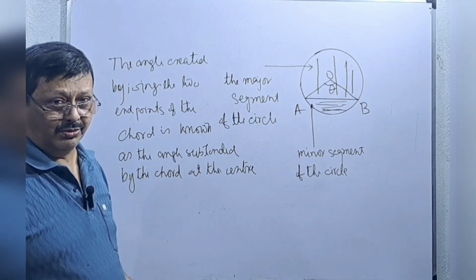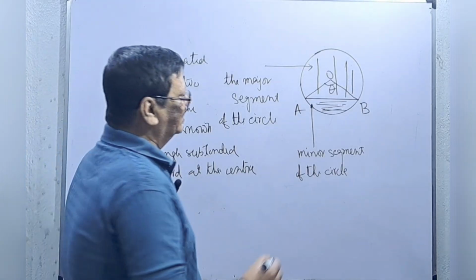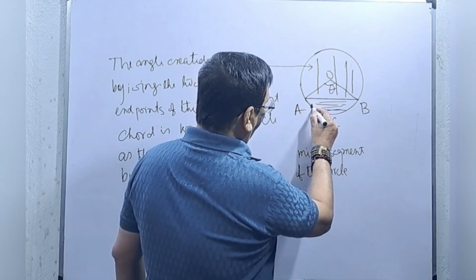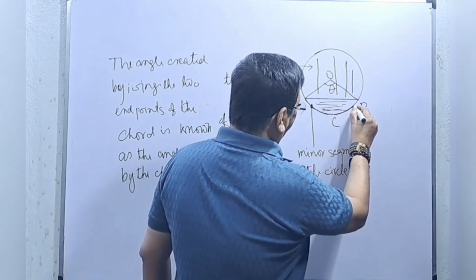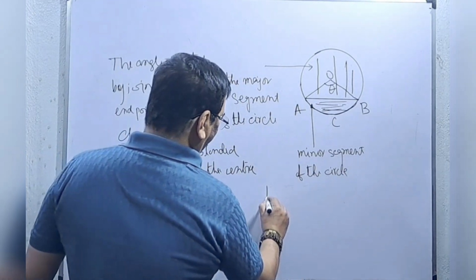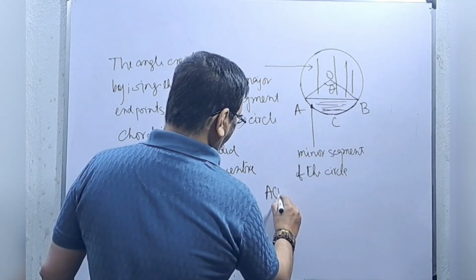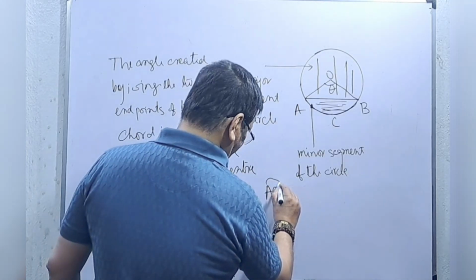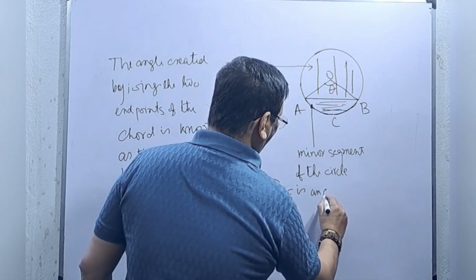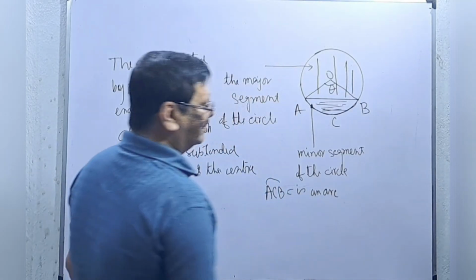Now in saying so, we are missing a point. What is that? Now if you call this C, this part is called an arc. So ACB is denoted like this, is an arc, right?